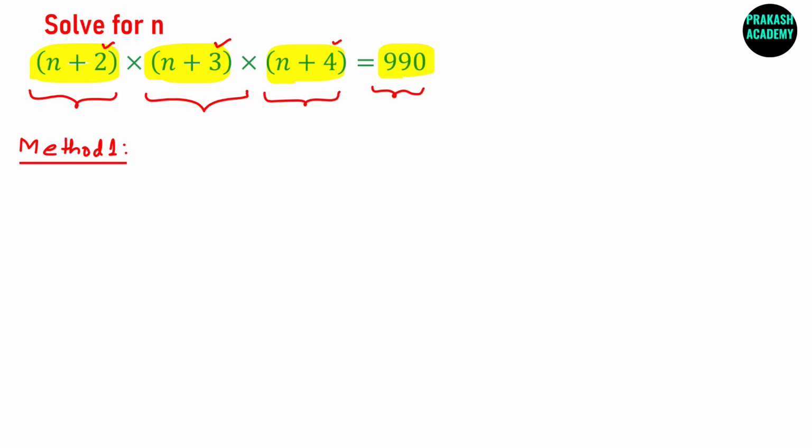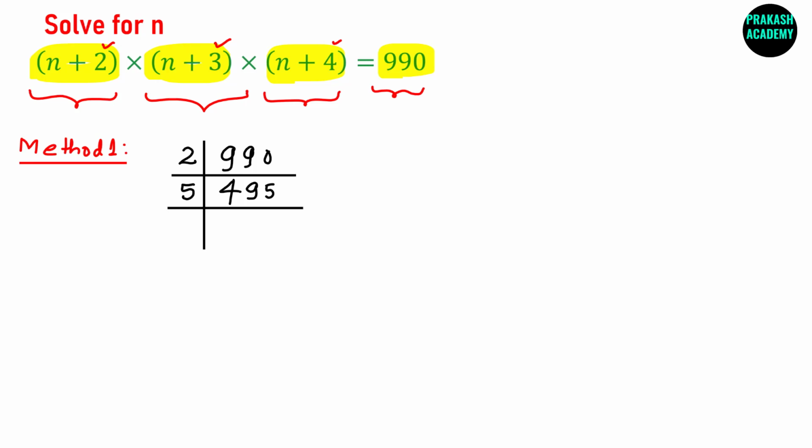So this gives me an idea that if I factorize 990, then I can look for these three numbers. So let us factorize 990. 990 is an even number, so let us divide by 2. So we will have 495.